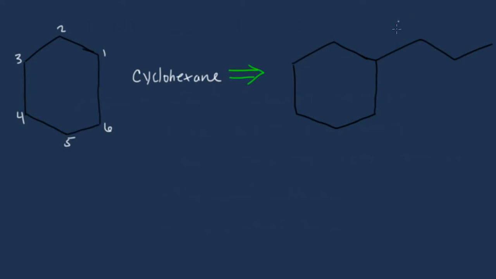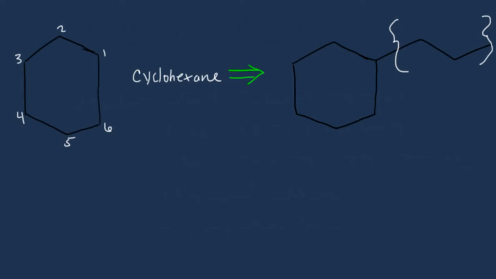So we can call this part, let me just close the bracket. So the part in brackets is going to be a chain, and the part not in brackets is our ring. So that's how we're going to separate these two carbon pieces.